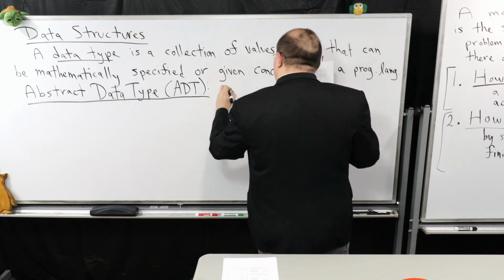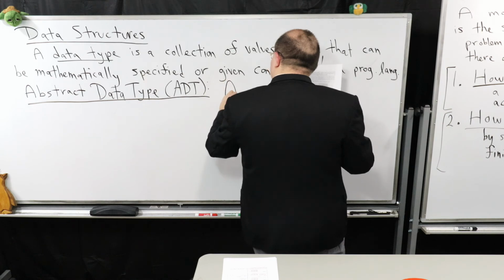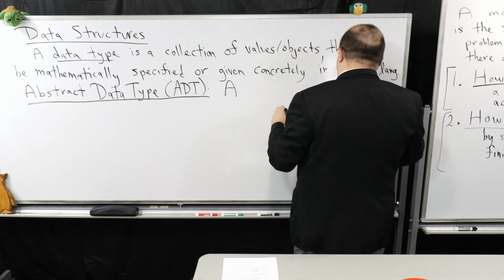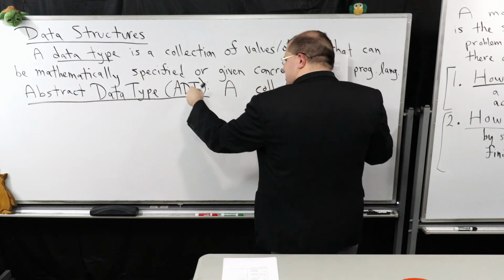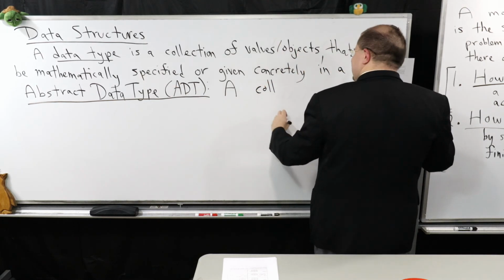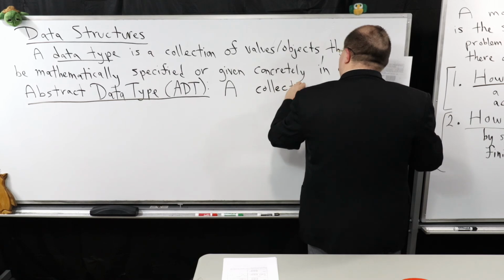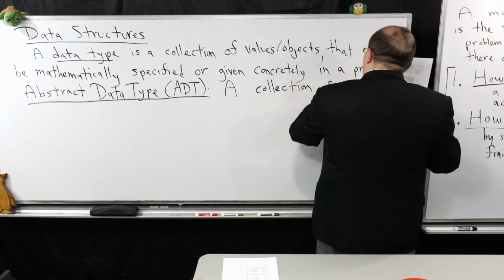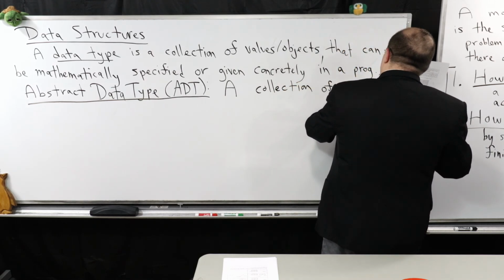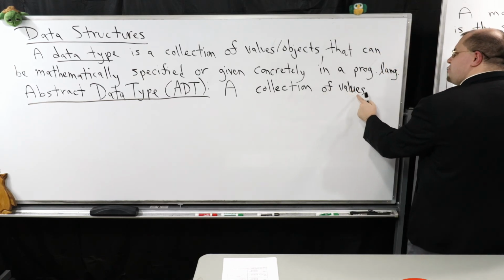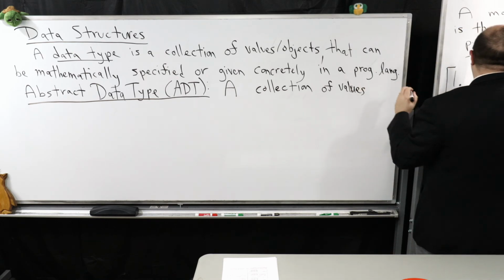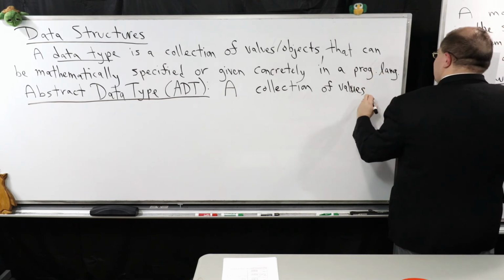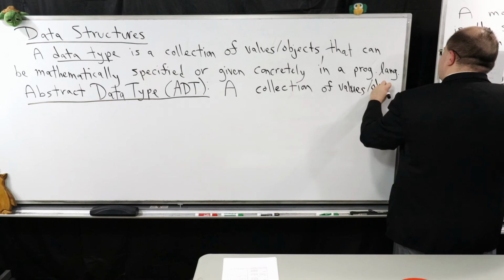So, abstract data type. It's a very similar definition to this one, but there's this abstract word here, and I've got to talk about what that means. So it's simply a collection of values, or objects.